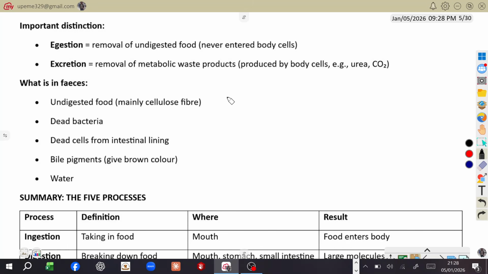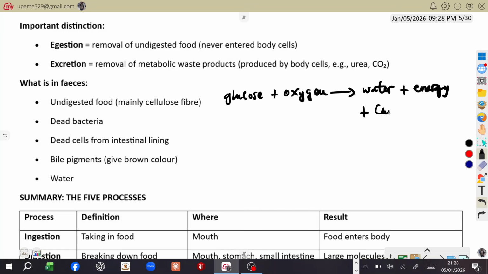Also, like in respiration, where we have glucose plus oxygen, we form water, plus energy, plus carbon dioxide. You find that the carbon dioxide released here is never needed by the body.